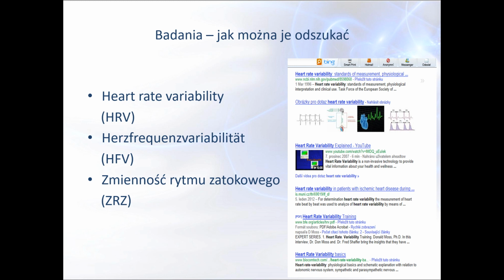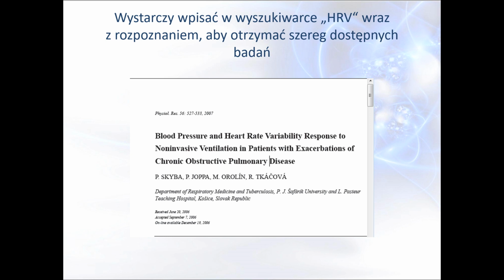You can look on the internet. In English, it's heart rate variability. In German, it's Herzfrequenz Variabilität. Or in Polish, you can read it, right? So you can find a lot of materials.